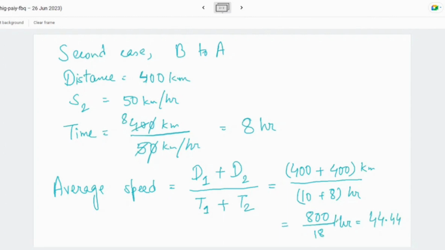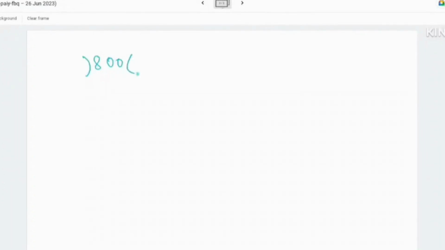Now, if anyone wants to know how we got this 44.44, we can simply divide 800 by 18. Okay. By 4, we get 72.